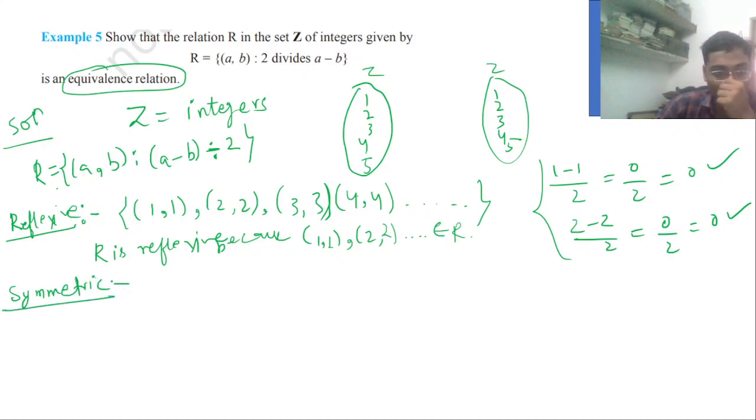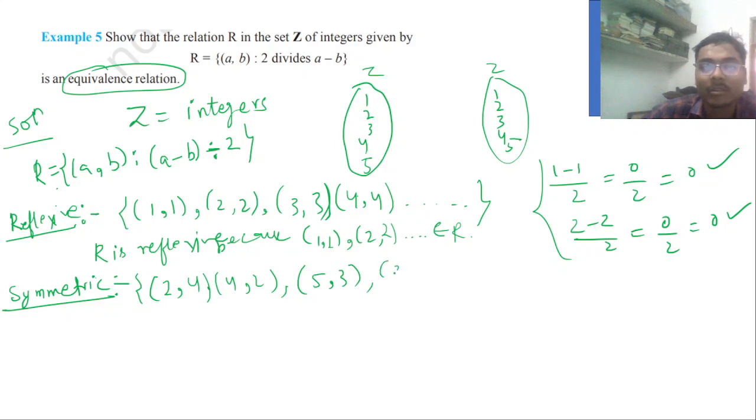Next part is symmetric. So what has to be in the symmetric part? In the symmetric part you will have to have the reverse pair. Suppose you're taking (2,4), then (4,2) must be there. If you're taking (5,3), then (3,5) must also be there. So all these elements must be there in a similar way. Now we are going to check these two conditions. First we will subtract 2 minus 4, divided by 2.